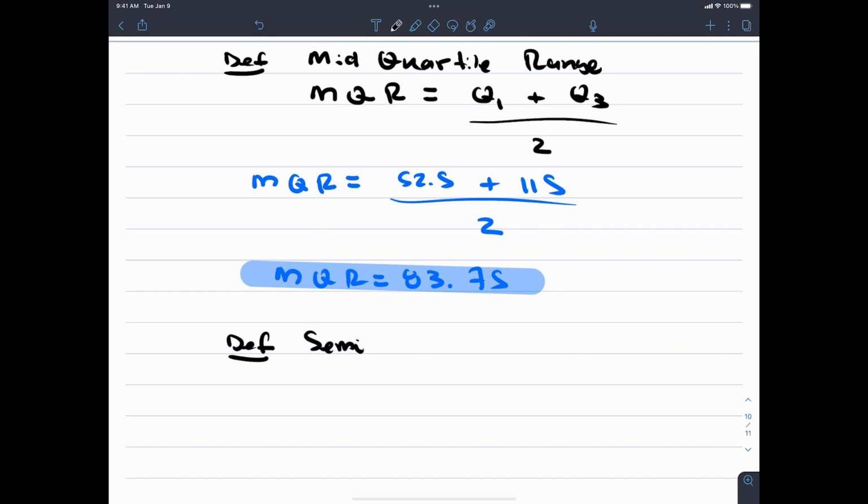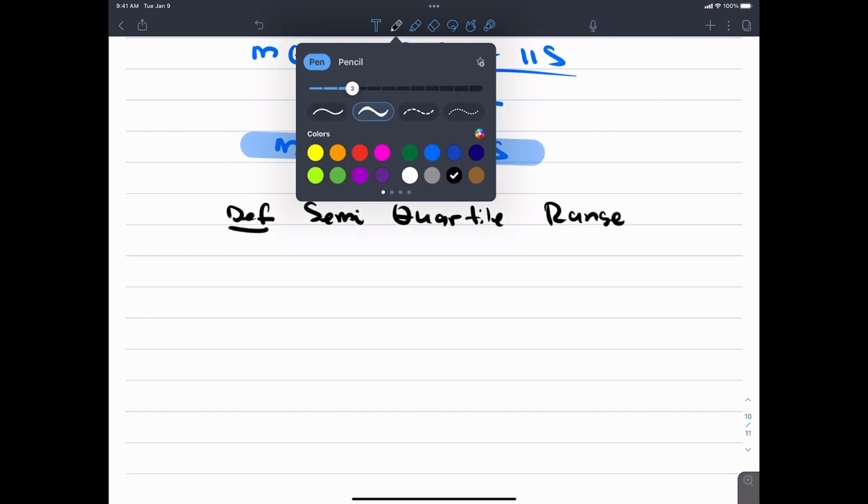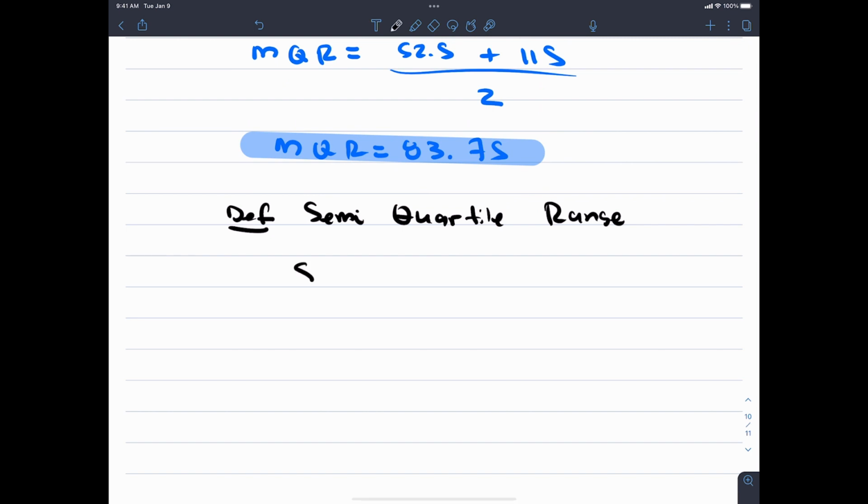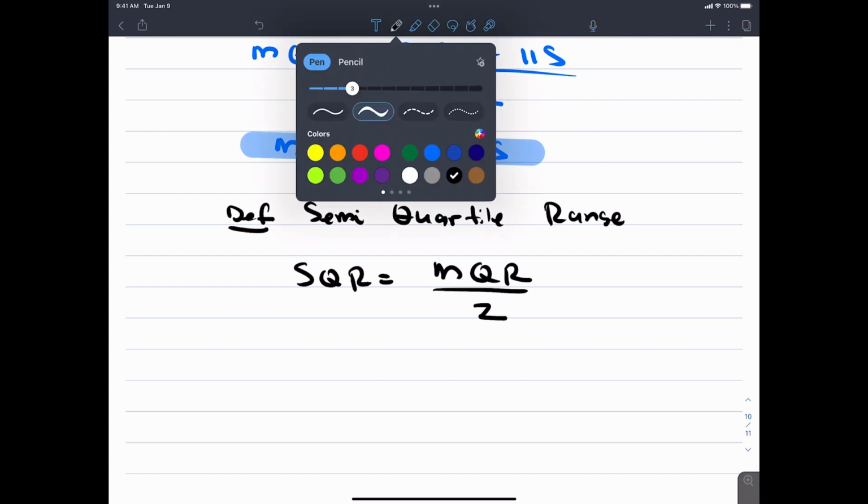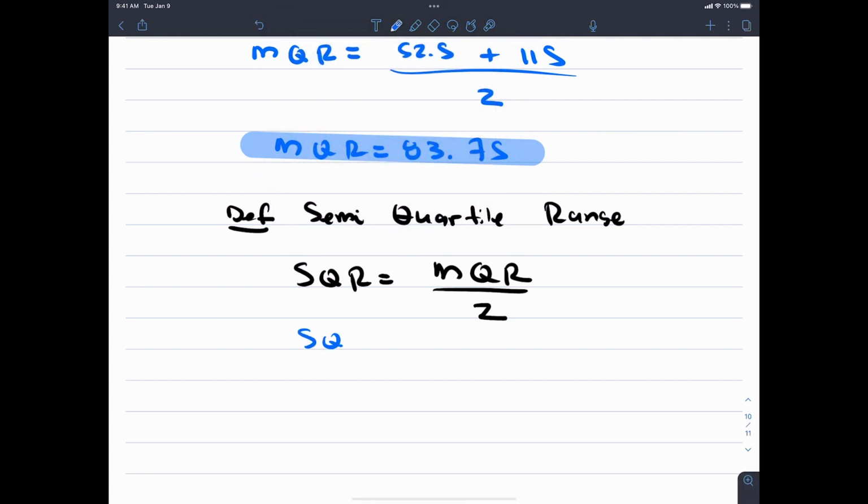Definition of the semi-quartile range. And the semi-quartile range, we abbreviate that SQR. Well, that's half of the mid-quartile range. So if I know the mid-quartile range, well, then I take that number 83.75 and I divide by what?